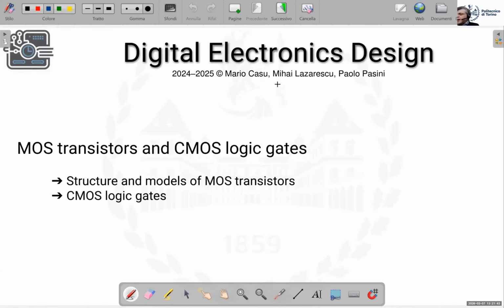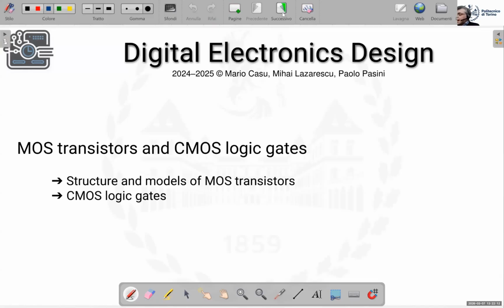And we will discuss how these devices, which in digital electronics are used as voltage controlled switches, can be used in digital gates which implement fundamental Boolean functions.